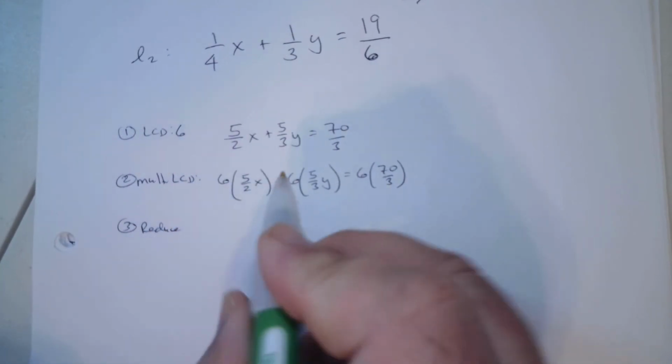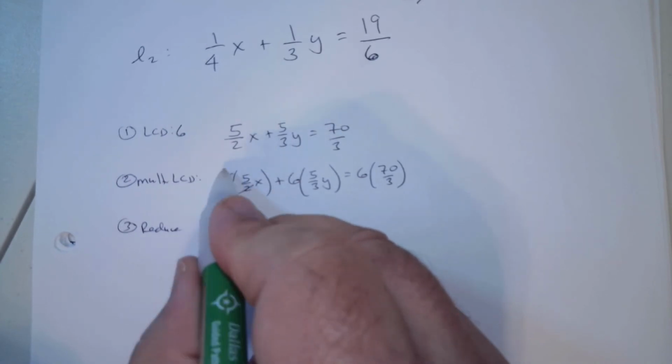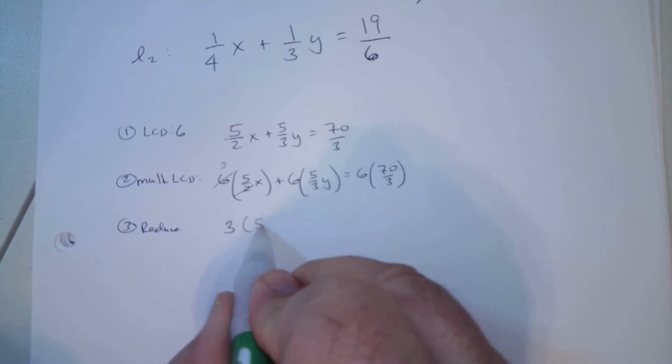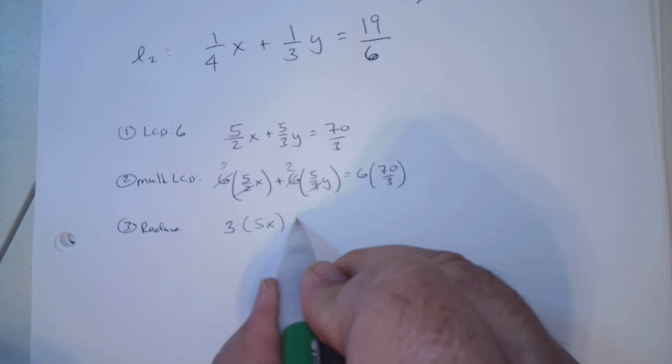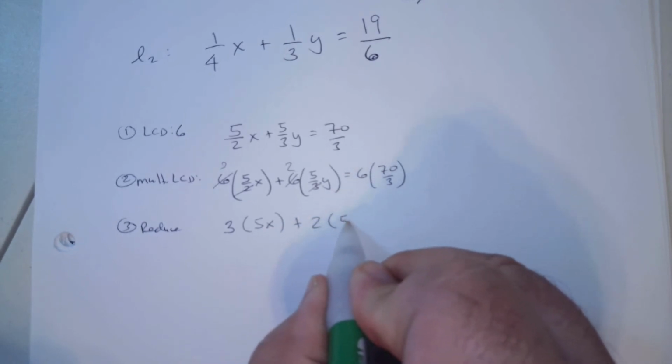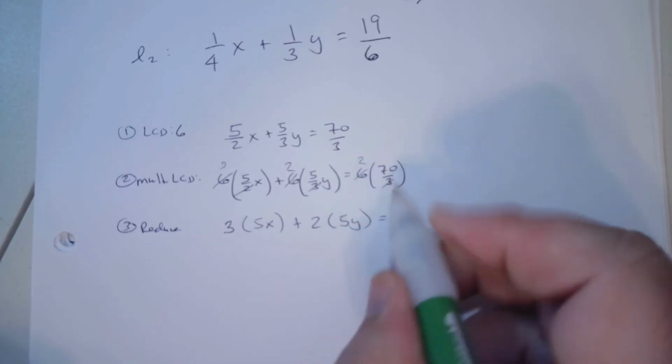Reduce. The 2 goes into 6 3 times. The 3 goes into 6 twice. And the 3 goes into 6 twice.